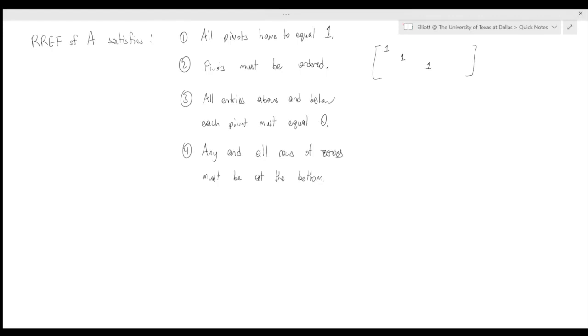And a few things about RREF real quickly is that the reduced echelon form of a matrix is unique. So as you do your row operations on A to reduce it to the reduced echelon form, it doesn't matter so much how you do your row operations, but once you get it into the RREF, you'll always have the same RREF no matter how you did your row operations.